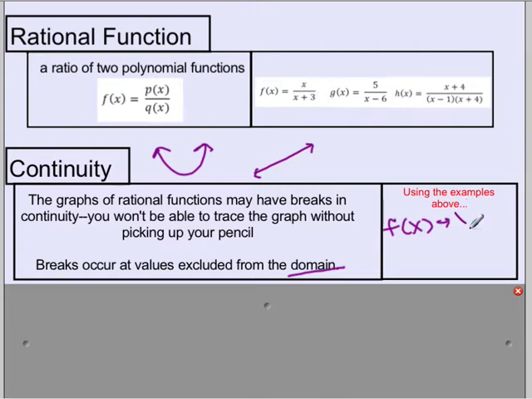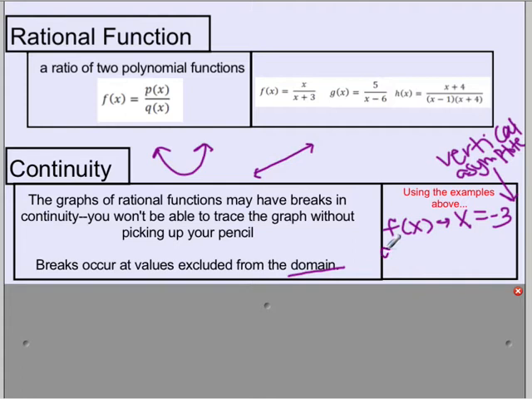If x equals -3, because -3 plus 3 is 0, and you can't divide by 0. That would cause a break. It is also what we would call a vertical asymptote.